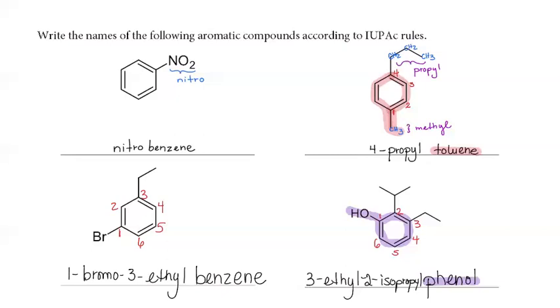Lastly, if you have 3 substituents and there's no methyl, amino, or hydroxy, then you have to make sure that the numbering of your substituents gives the lowest numbers. So if you don't have the signature substituents, then you apply the rules that we already know for cyclic compounds. Go ahead.